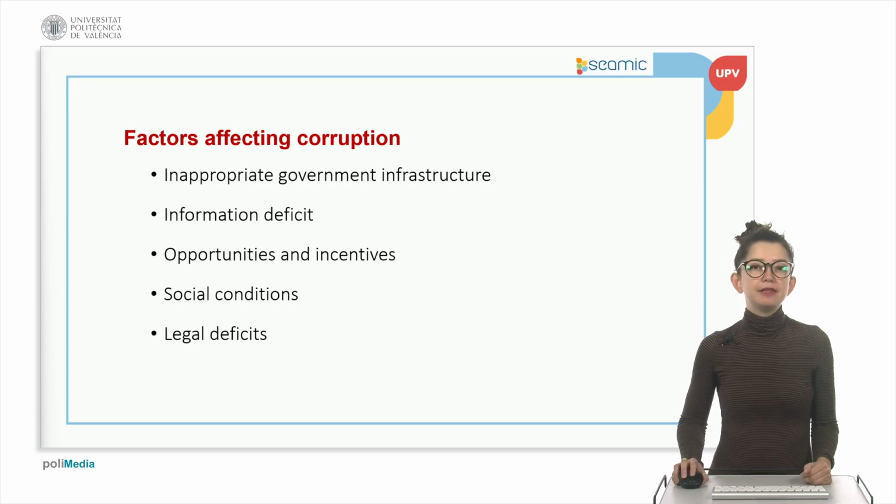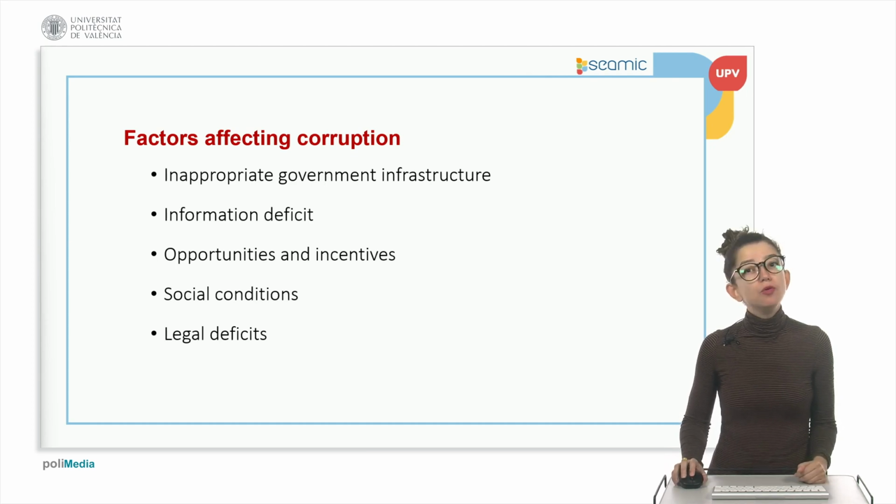We can also identify that opportunities and incentives are relevant to produce corruption. For example, high investment of public money and badly paid public servants. Social condition is another factor, in which we can mention close groups like religious, political, ethnic groups, and networks of friends.